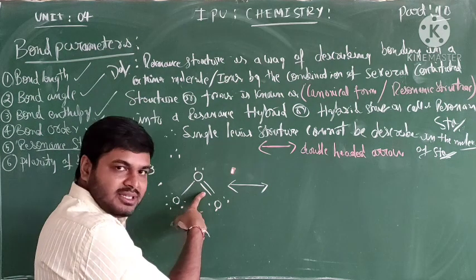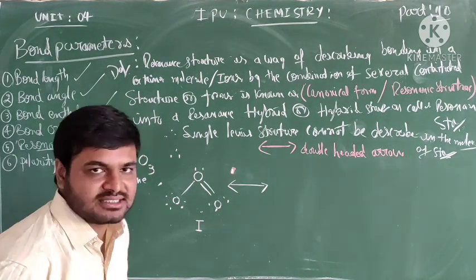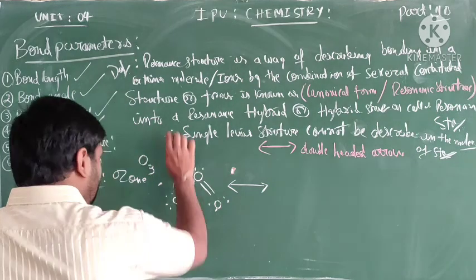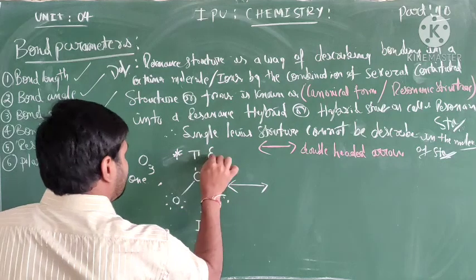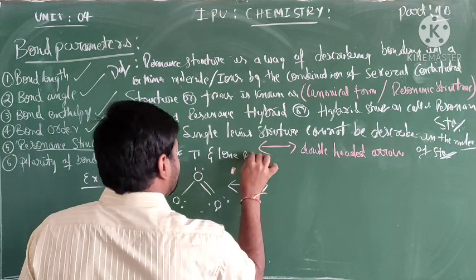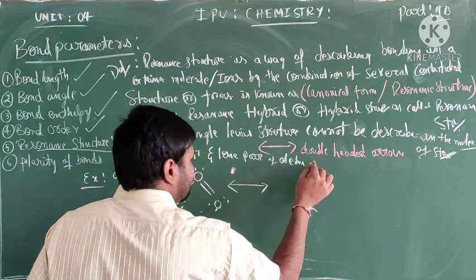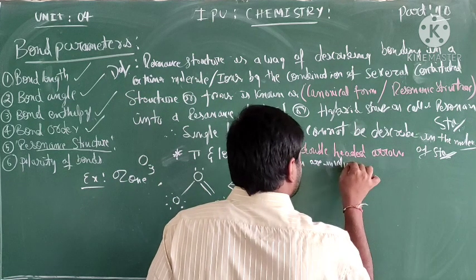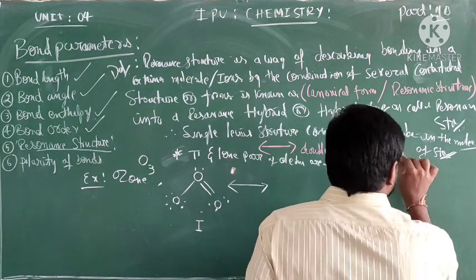These types of double bonds only are involved in resonating structures. Clear? So one more point: pi and lone pair of electrons are involved in the resonating forms.